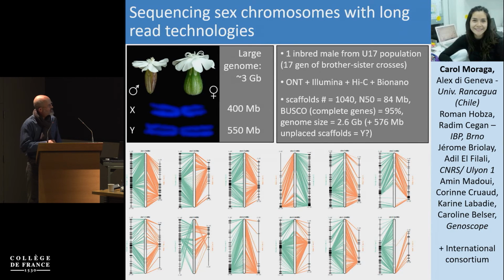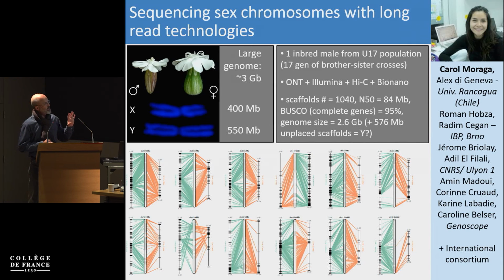And we have a single pseudomolecule for each chromosome. And we are still working on the Y chromosome, but at the moment we have 3 large pieces that are about the size of 100 megabases. So we are confident that we are going to have a nice assembly of the Y chromosome.